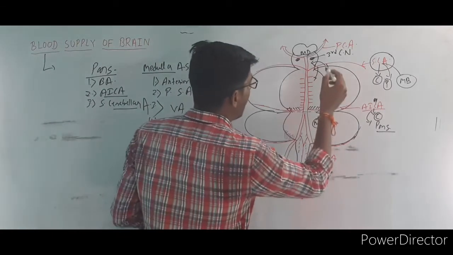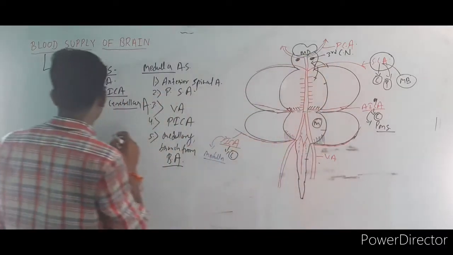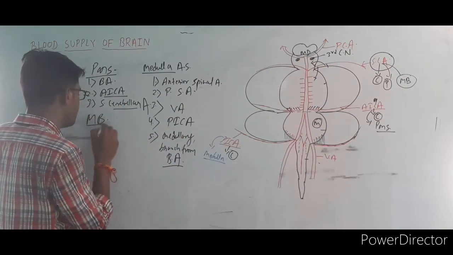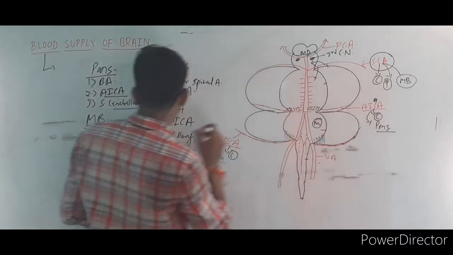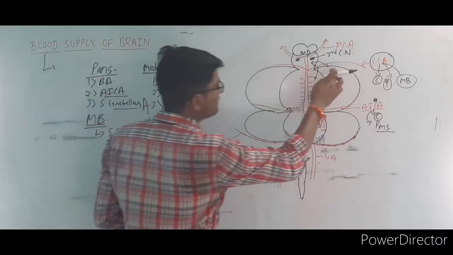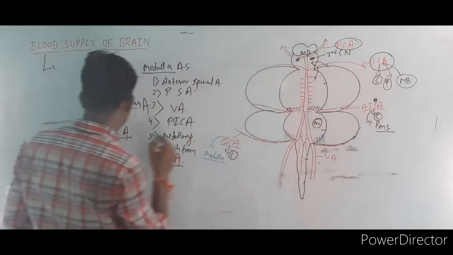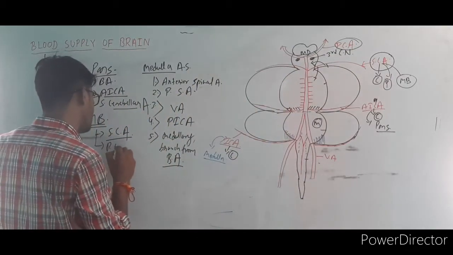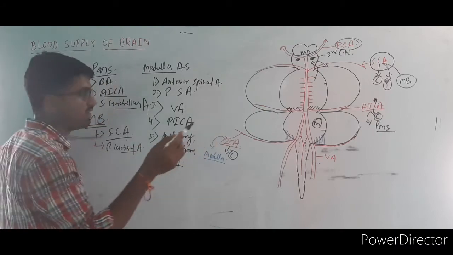Can you tell me the arterial supply of the midbrain? Yes, the superior cerebellar artery is supplying. See here, this is supplying, right? And the posterior cerebral, not cerebellar, artery is also supplying, right?